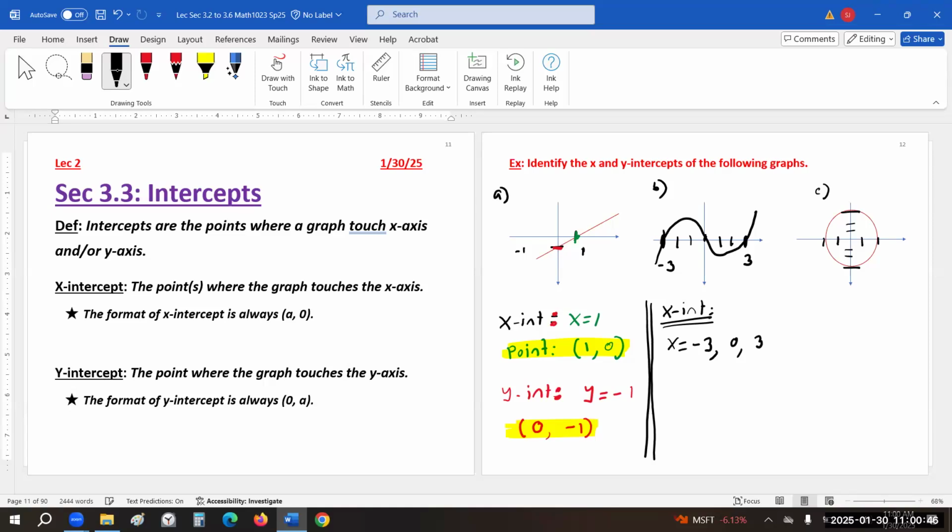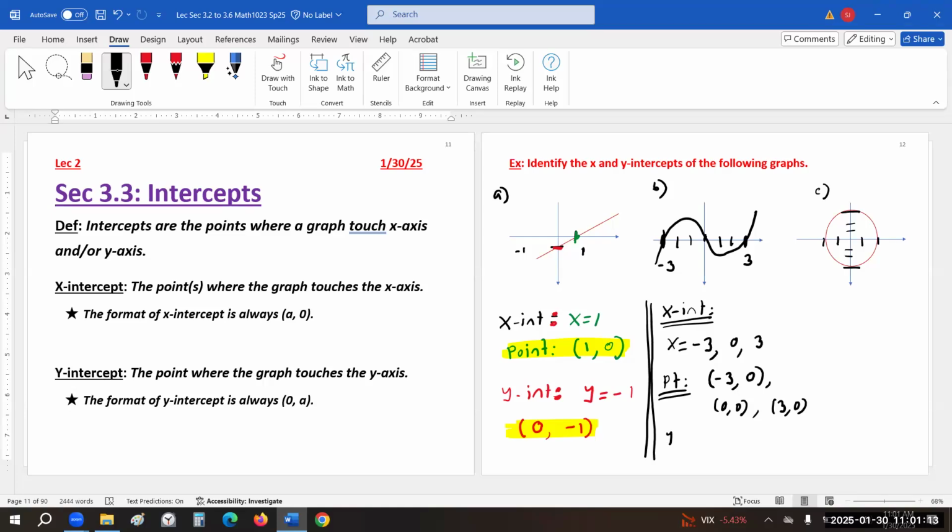Wonderful. Can you also give me their points in point format? (-3, 0), (0, 0), (3, 0). Great. Anybody have any question about the solution, the answer? Is anybody confused, lost? Not yet?